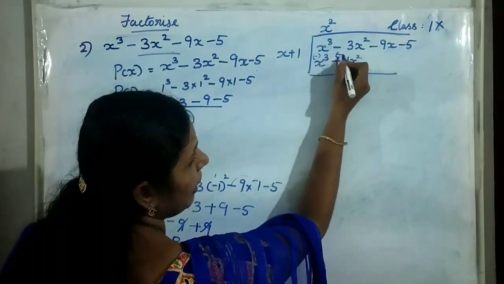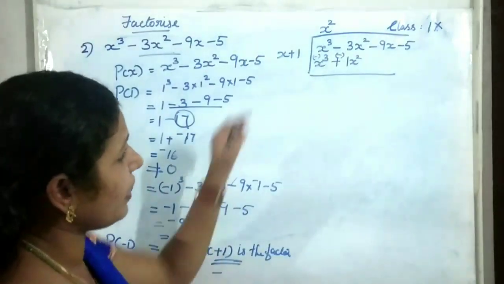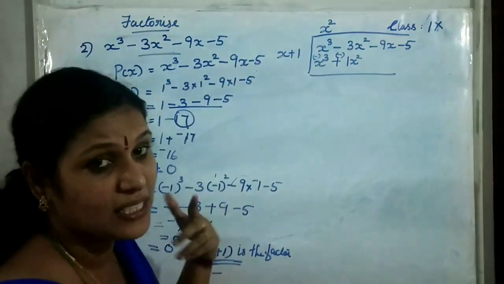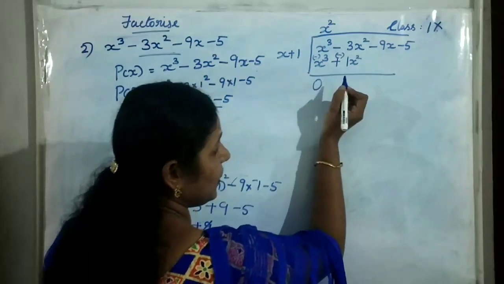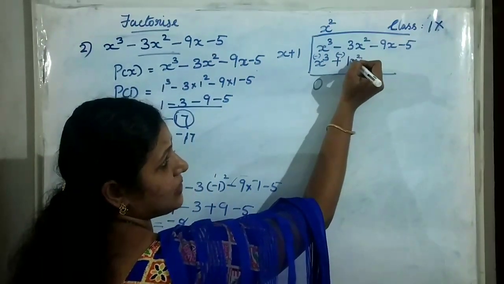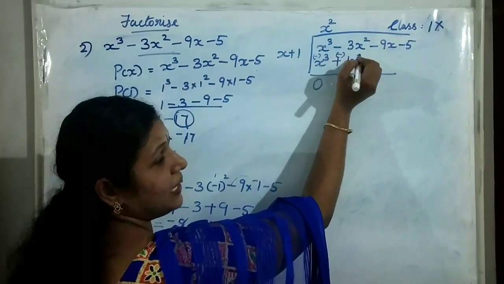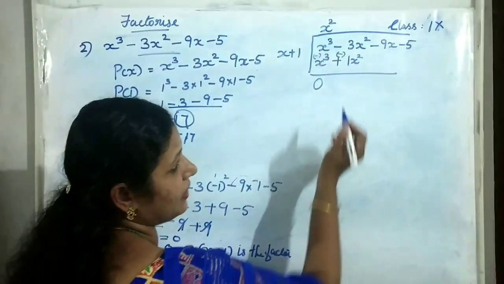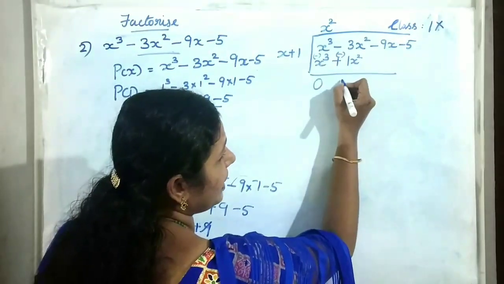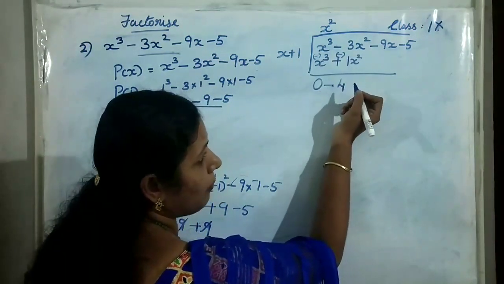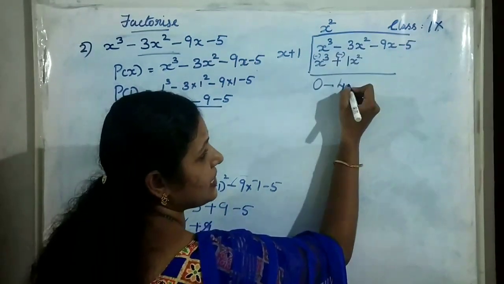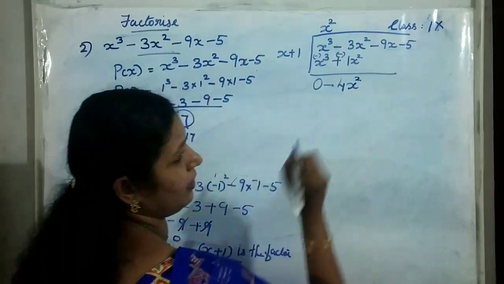So x cube minus x cube is 0, they cancel each other. Then minus 3 minus 1: same sign, so add and put the common sign. 3 plus 1 is 4, and the common sign is minus, with the variable x square.